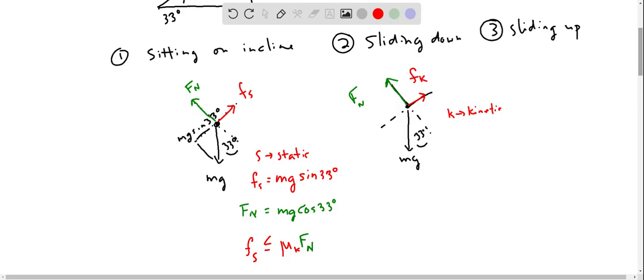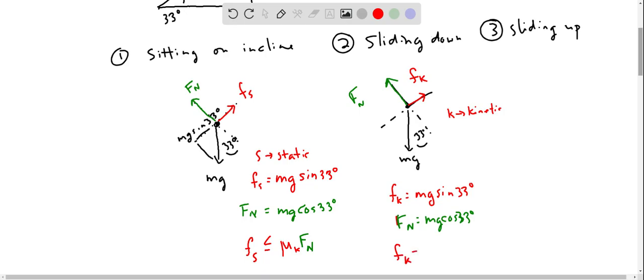Now our weight and our normal force are still the same thing. So we still have Fk equals mg sine of 33. And we still have our normal force equal to mg cosine 33. But what is true about the kinetic friction is it can only take on one single value.